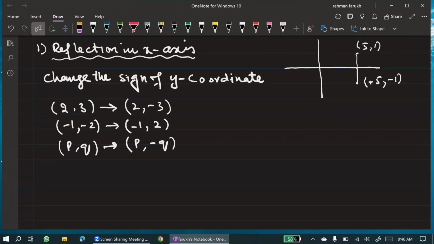Now we will learn how to write down the matrix for the reflection in x-axis.